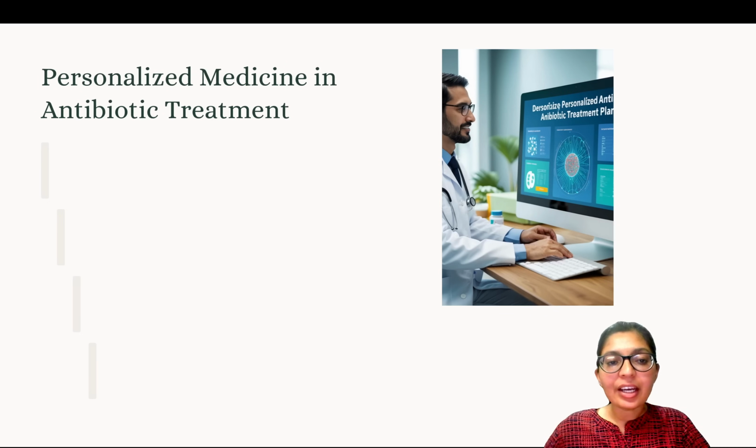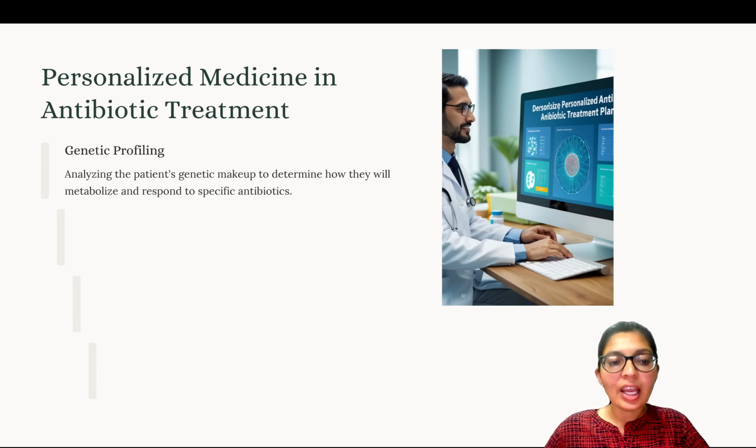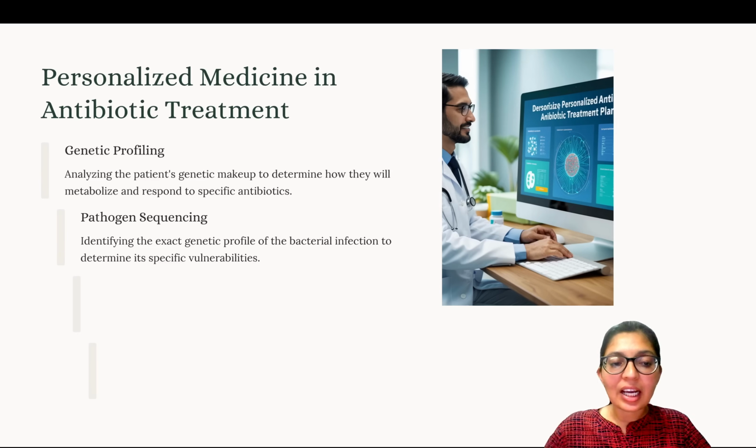Personalized medicine in antibiotic treatment. Genetic profiling: analyzing the patient's genetic makeup to determine how they will metabolize and respond to specific antibiotics, which will be helpful in their treatment plan. Pathogen sequencing: identifying the exact genetic profile of the bacterial infection to determine its specific vulnerabilities so that we can prescribe drugs accordingly.